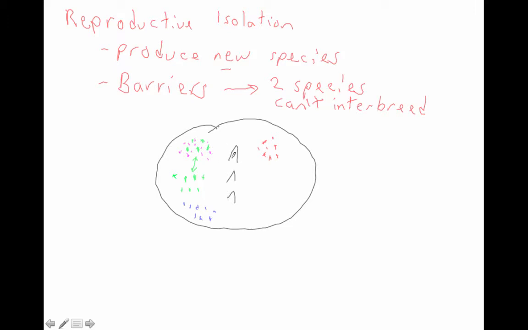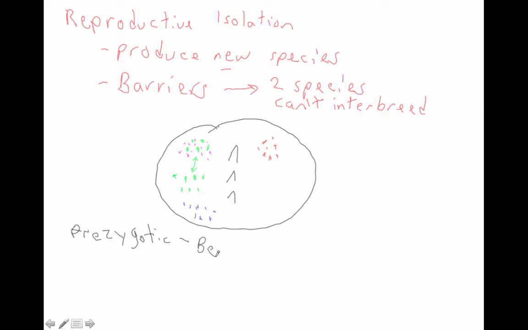Again, it's easy to see a mountain as a barrier to prevent interbreeding. It's more difficult to understand how species in the same area or in neighboring areas don't interbreed because of these barriers. Two types, broad categories of barriers that we're going to talk about include pre-zygotic barriers. And pre-zygotic means that the barrier exists before fertilization.